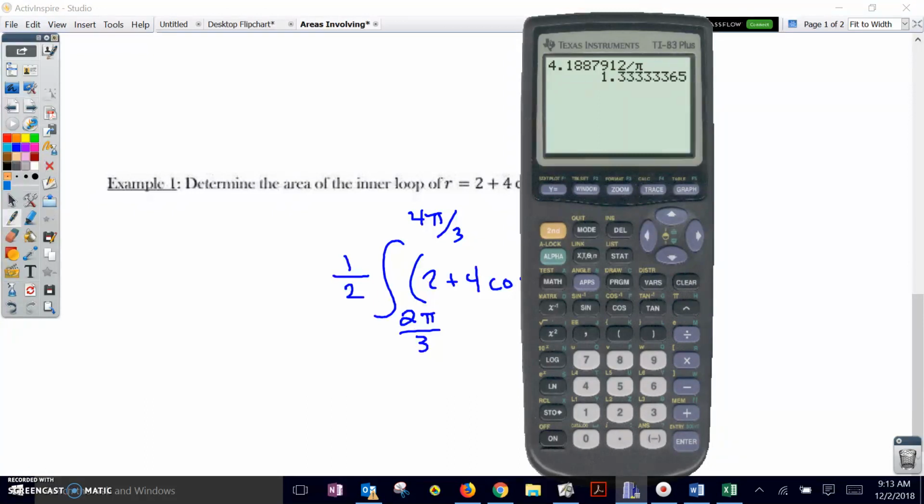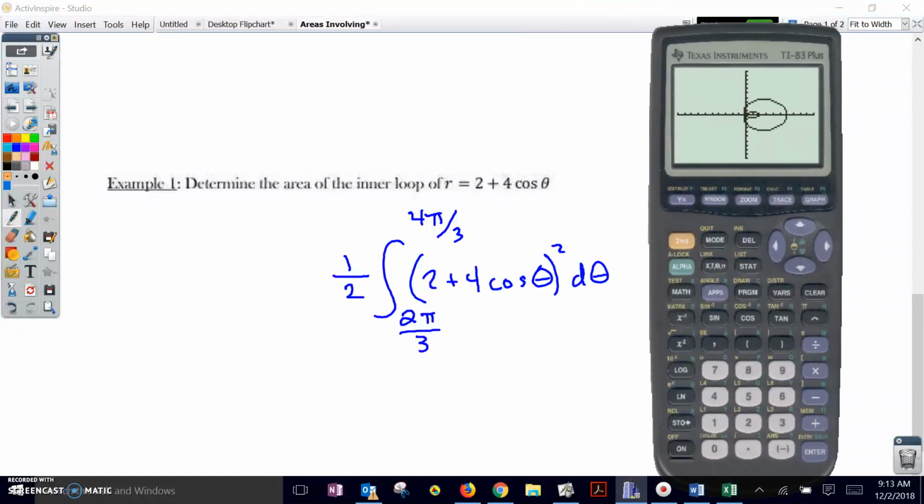You see we get 1.3 repeating, and we get some extra digits because of rounding there, but we get 1.3 repeating, which you should recognize is 4/3. That's kind of the way that I would find those as exact values if I was looking for them.